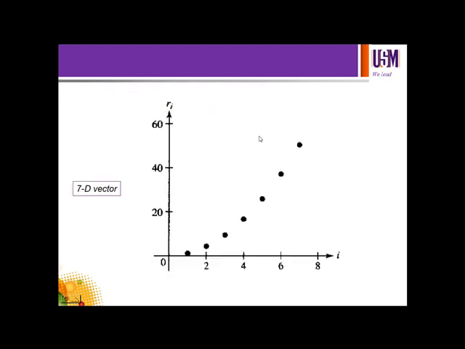Theoretically, we can have more than a 3D vector. For example, a 7-dimensional vector. Again, we plot ri against i, and we can plot the vector as dots. Now it looks like it is following a trend.